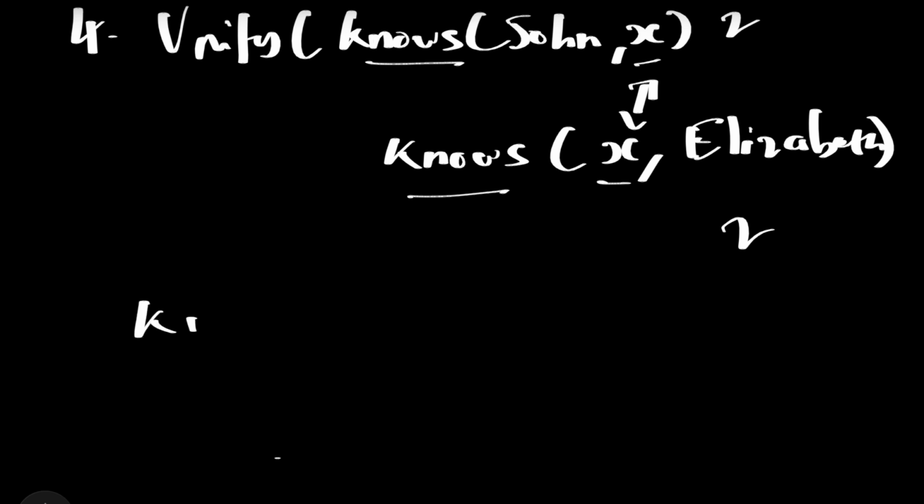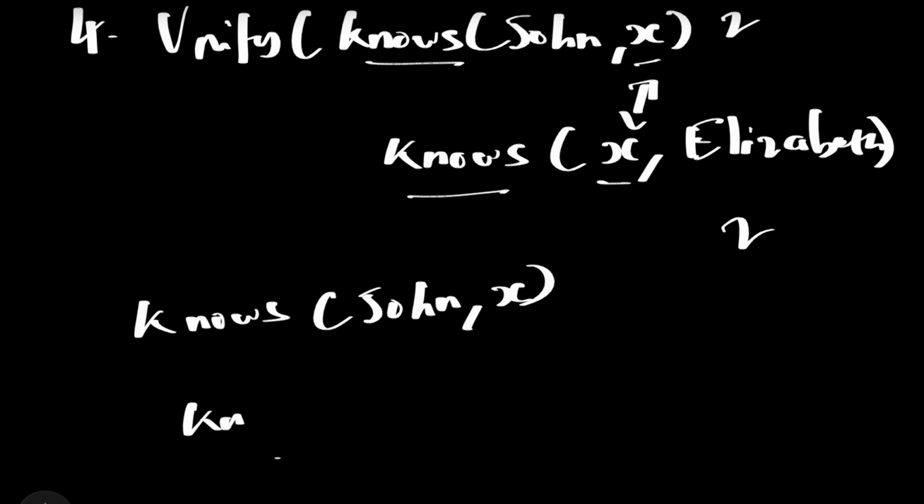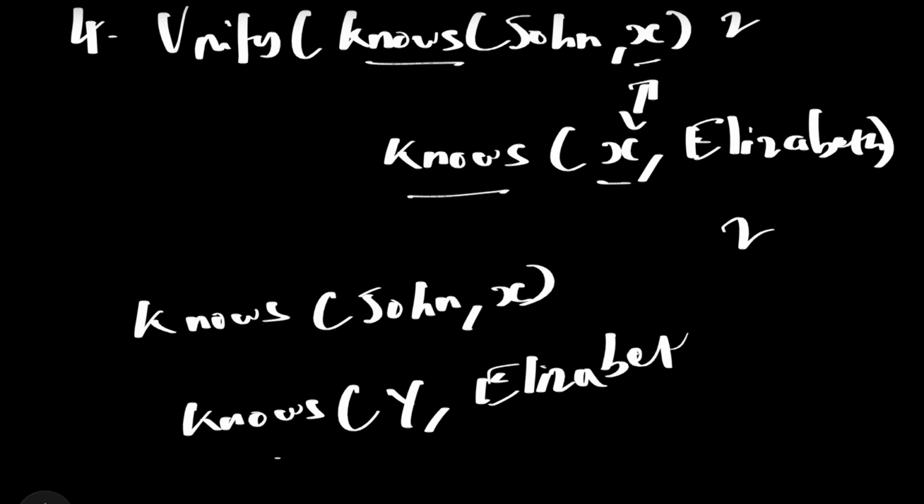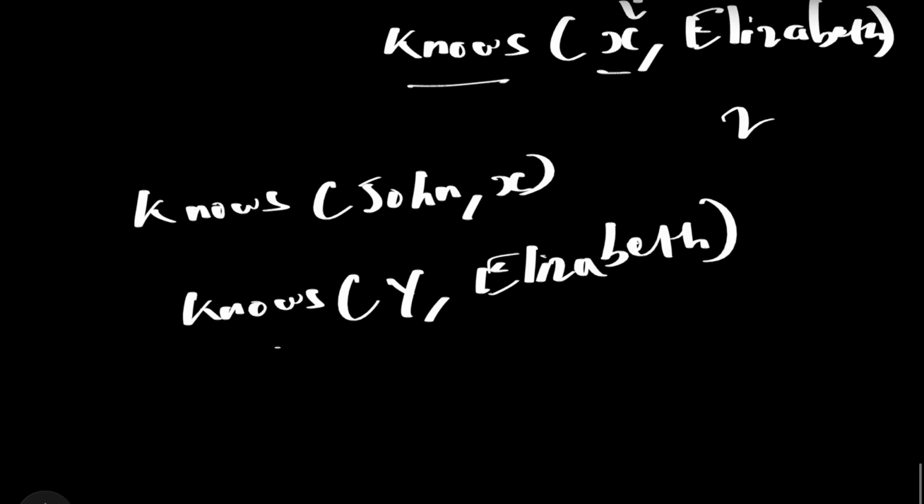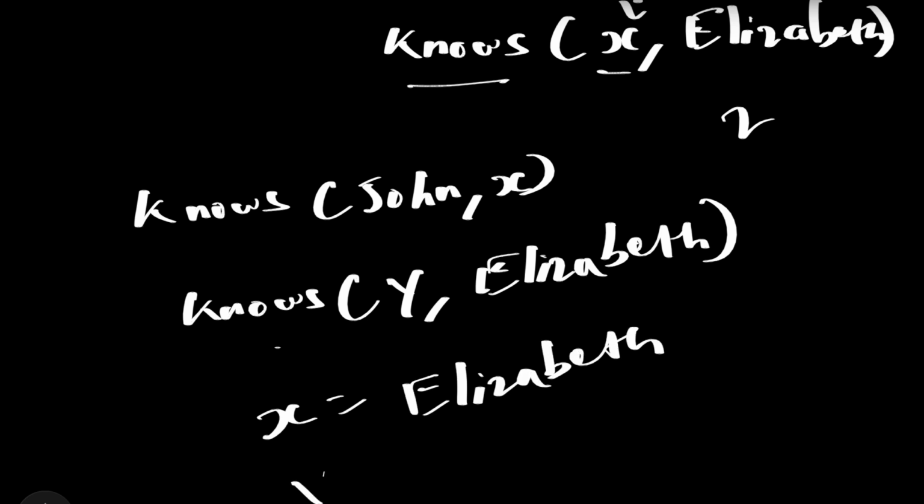So how we can make it: Knows(John, X), then Knows(Y, Elizabeth), so that X could be replaced by Elizabeth, Y could be replaced by John.